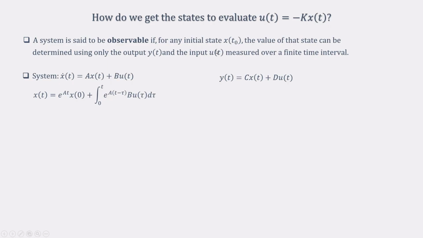So, what is observability? A system is said to be observable for any initial condition x(t0) if by using the output and the input information you can find out the state of the system within a finite interval of time.